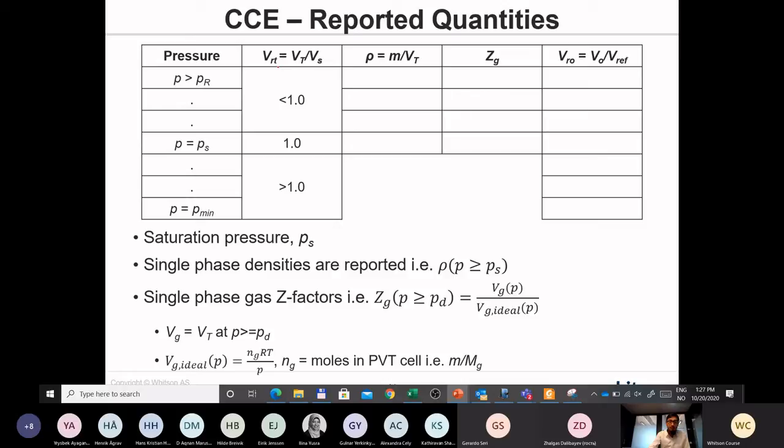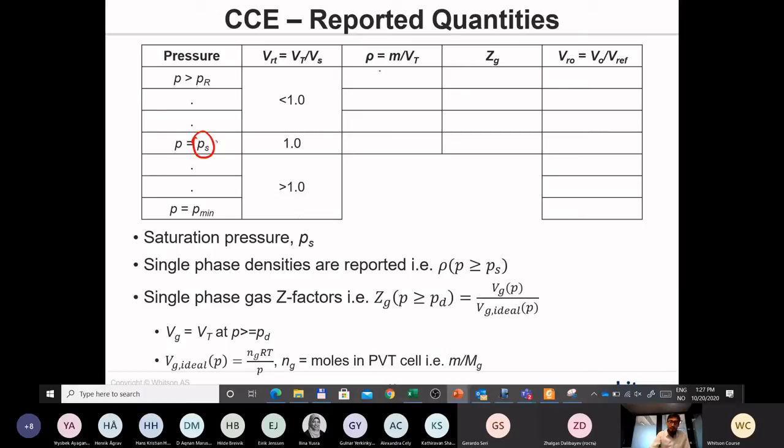By definition, the relative total volume, VRT, is the total volume of the PVT cell divided by the volume at saturation pressure, so the volume at this pressure here. That's why it is exactly 1 at saturation pressure, and it's greater than 1 at all pressures higher than the saturation pressure.